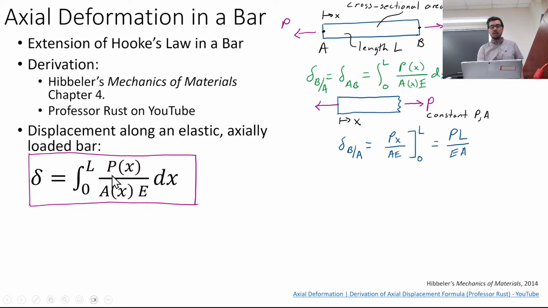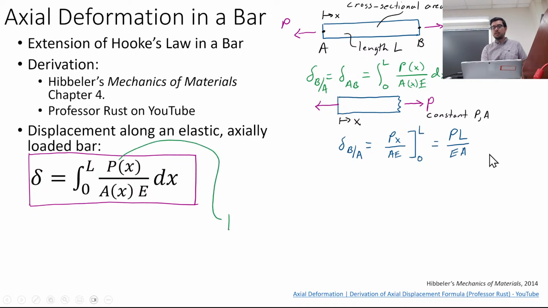When I integrate P dx, I have P times X. That might be a little bit confusing, but it's because I've integrated that the X's appeared. Now we have an expression where we go from 0 to L, with PL over EA.